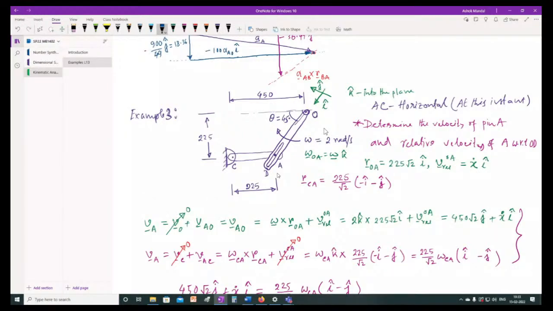Similarly, when you do the velocity calculations, you know that there are 2 terms in velocity. One is due to rotation, another is due to change in its length. These 2 components, one is perpendicular to the link length, another is along the link length.